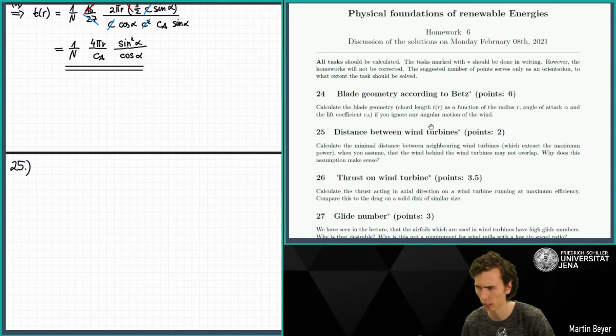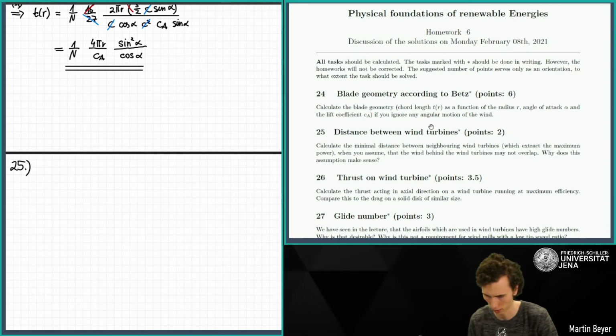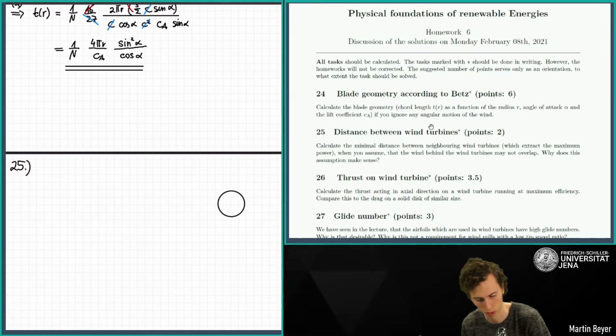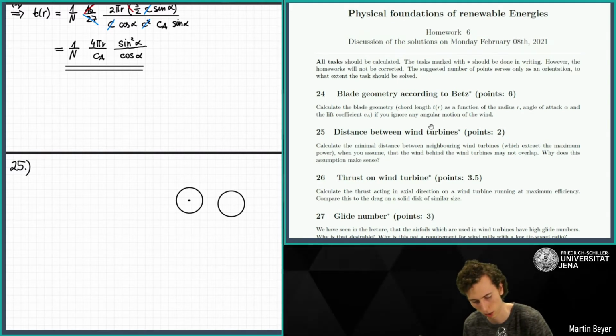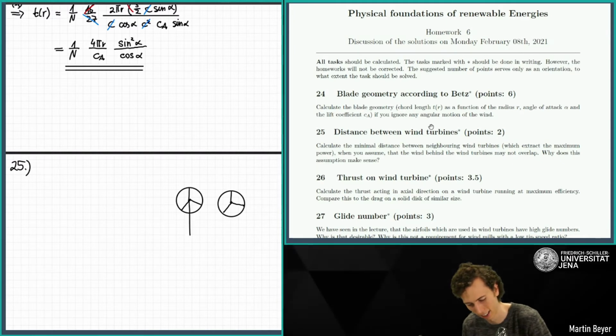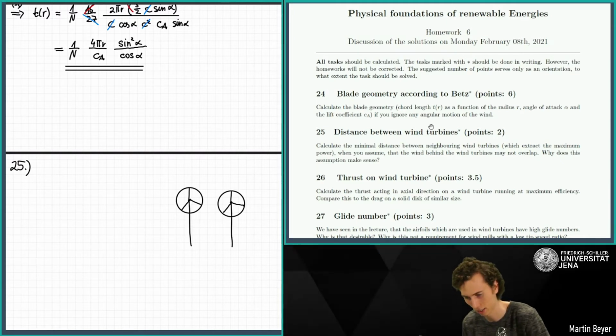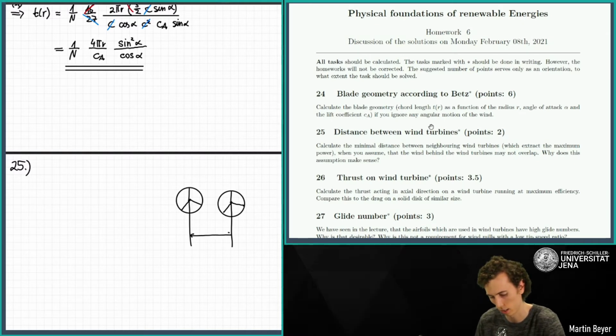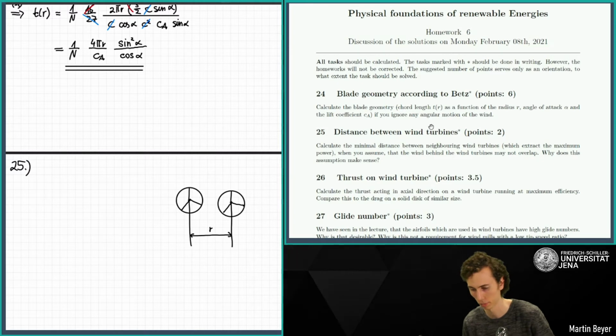So maybe let's do a little sketch here explaining this exercise for some of you who might not have understood it yet. So suppose we have here our two wind turbines. They are looking something like this. This is not a Mercedes star, this is a wind turbine. And yeah, they are looking like this, and they are distanced. Their distance is r, small r.